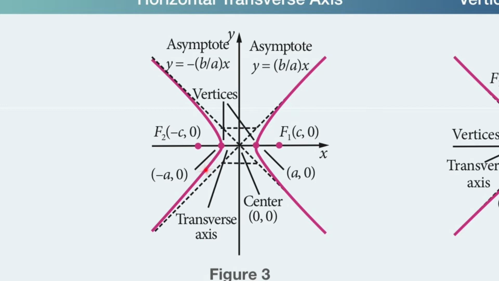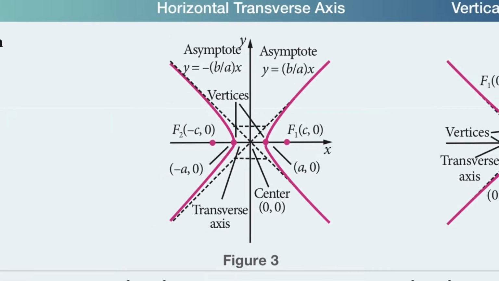It never actually touches the line. I know it appears to touch, but it doesn't. One of the things you have to graph when you're graphing a hyperbola is these asymptotes. And I'm going to show you a very easy way to do that.